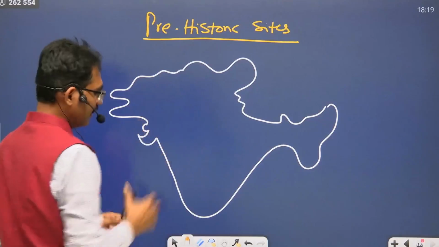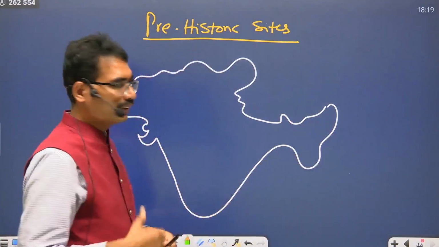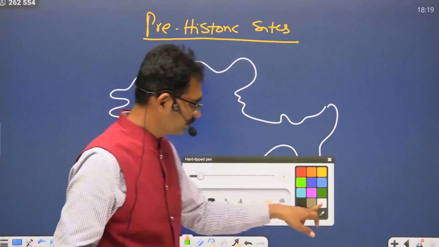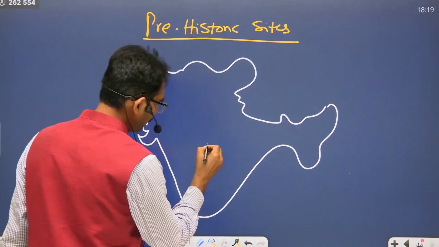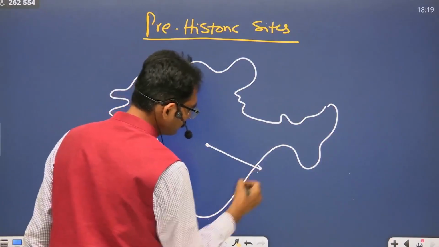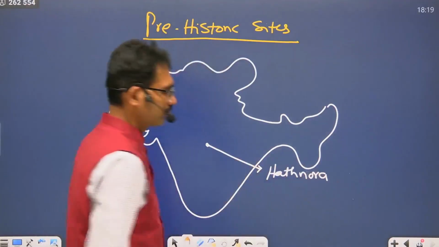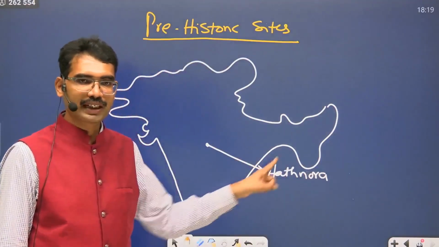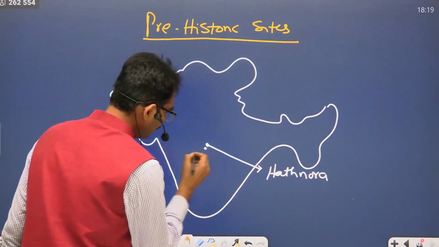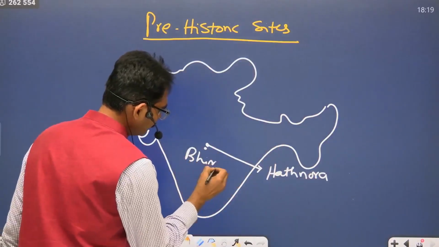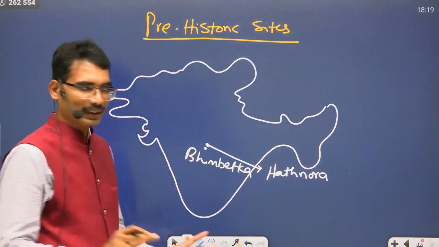Now in this area, when archaeologists started digging, they came across different places. These places are important for prelims. For example, there is a place called Hathnora. If you read NCERT also, you will find these places. And there is a place called Bhimbetka in Madhya Pradesh.